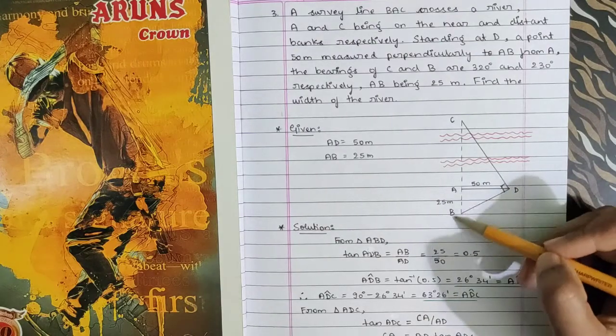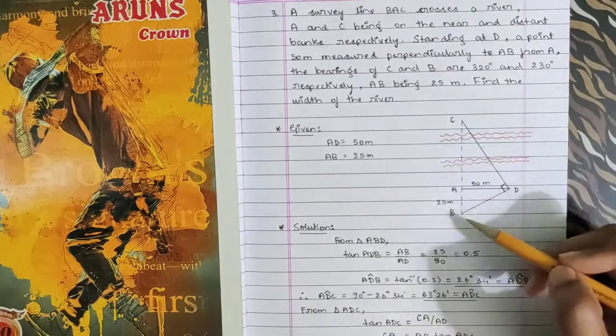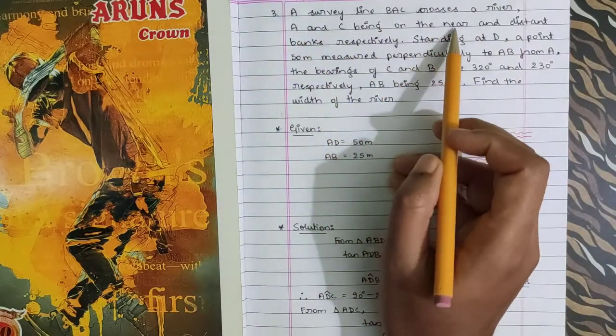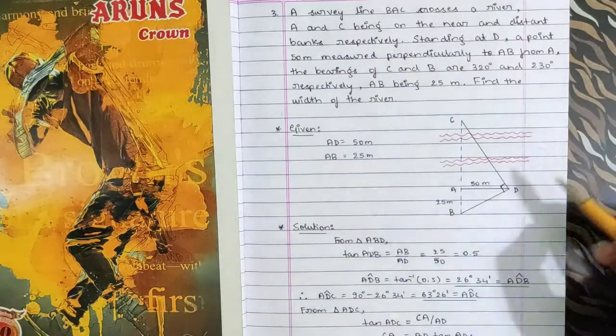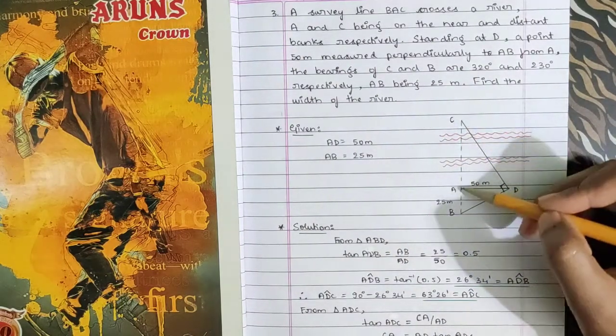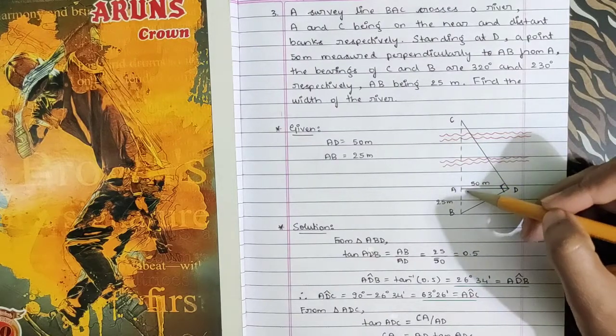But you have 3 points, isn't it? BAC. Now it is said that A and C are on the near and distant banks. So A and C are on the opposite sides of the river.